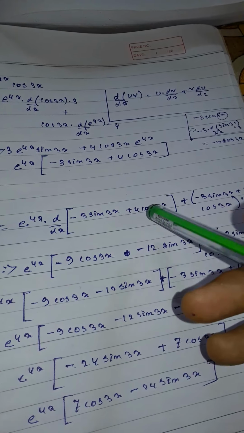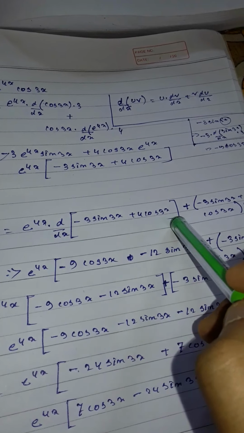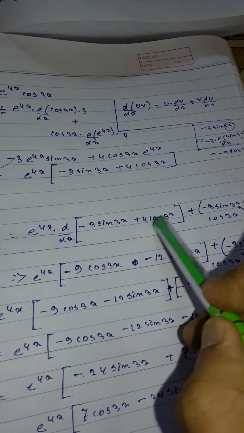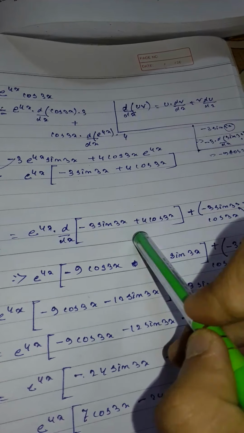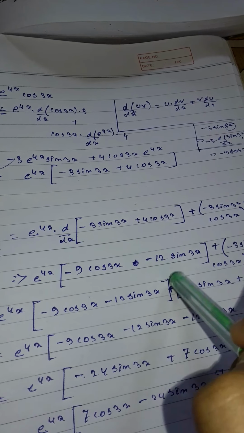Similarly, differentiating plus 4 cos 3x, cos converts into sine, 3x gives 3, and it multiplies with 4, so it comes as minus 12 sin 3x.